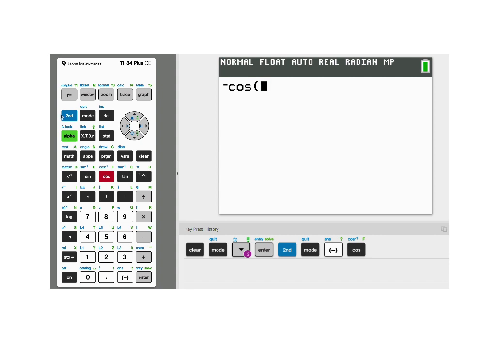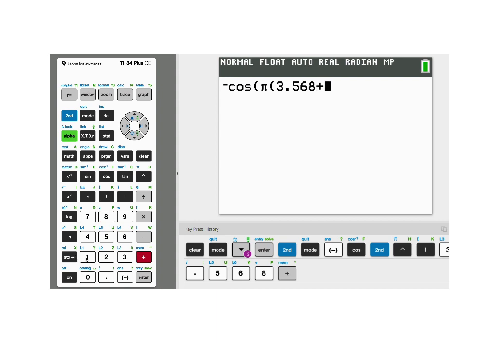To find pi, you press second and the caret up symbol, and then another set of parentheses, and it would be 3.568 plus 1. We're just substituting in for x. I have to put 2 sets of parentheses here.